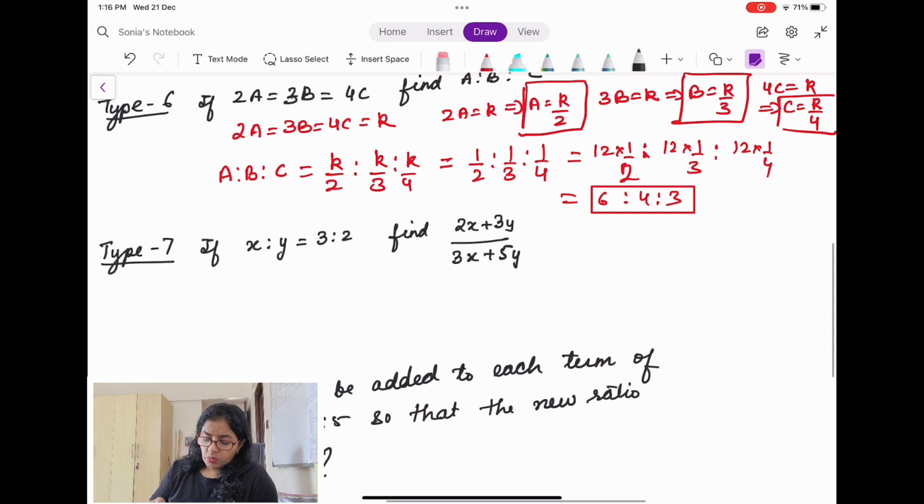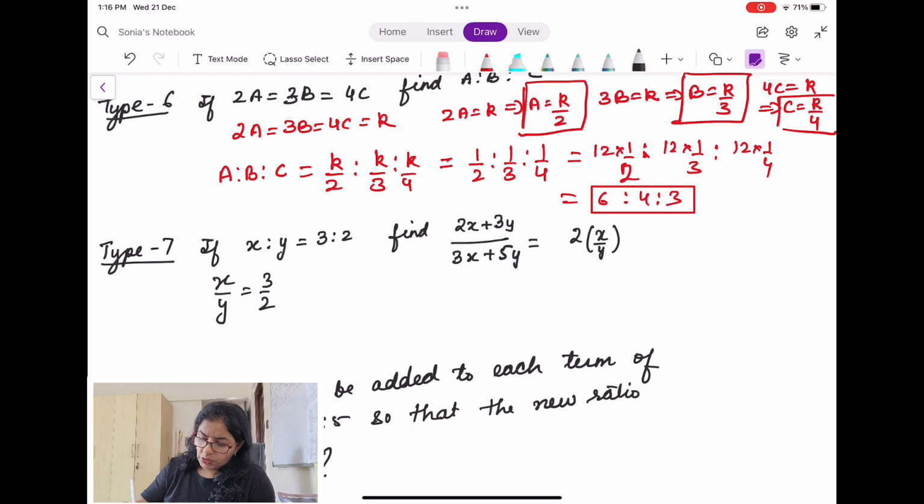Now, if x is to y is given to you and they ask you to find the value of 2x plus 3y upon 3x plus 2y. This means you are knowing the value of x upon y is equal to 3 upon 2.